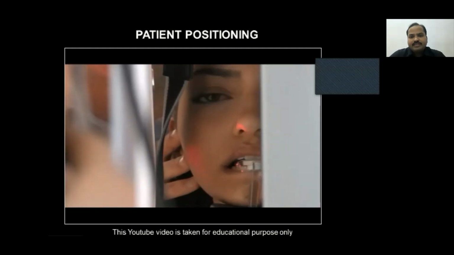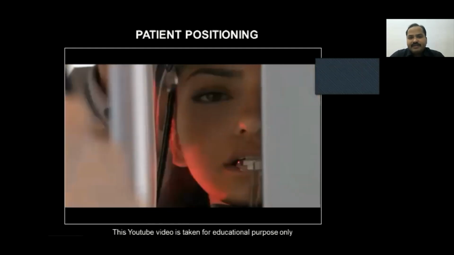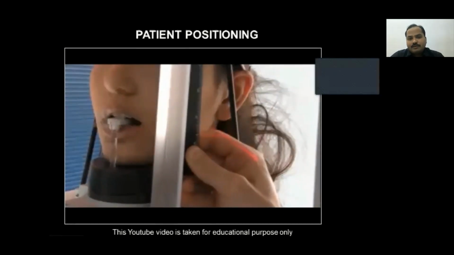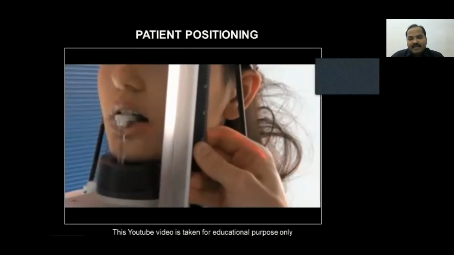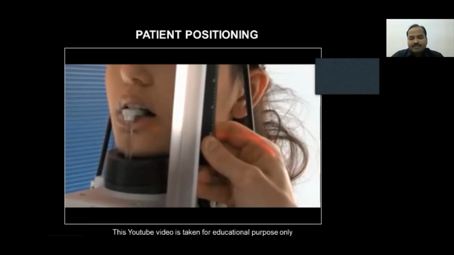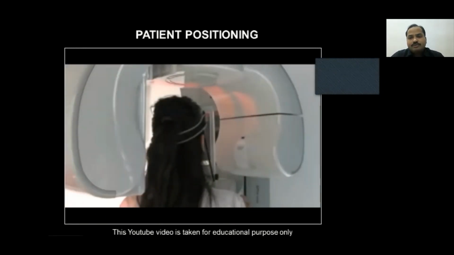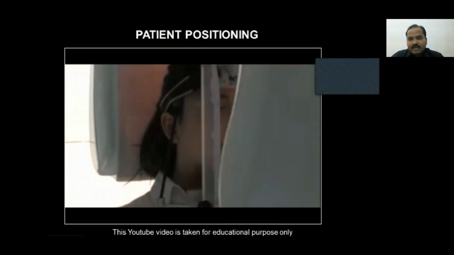Now you are able to see a patient positioning video where head immobilization and the various vertical and horizontal planes are to be aligned when the patient is positioned. Then the machine is moved with a 360 degree rotation around the head.